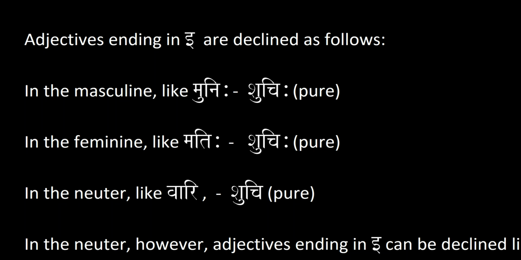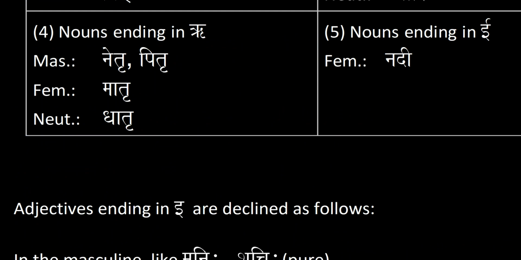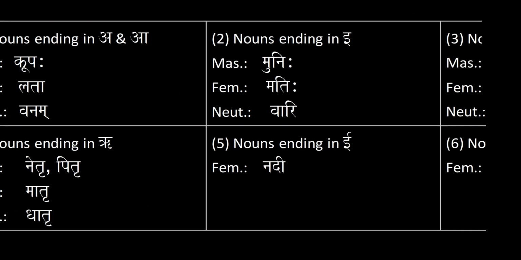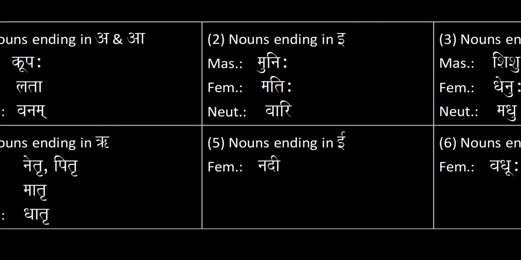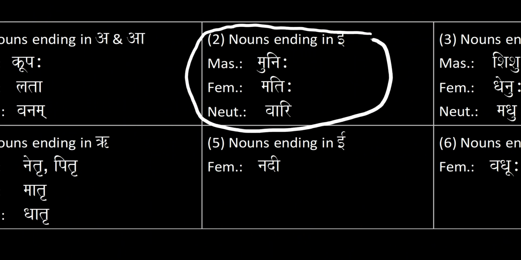Suchi is an adjective that ends in short e, and it means pure. Since it's an adjective that ends in e, we have to consider the nouns that end in e, because these are the types of declensions we will use if it's masculine, feminine, or neuter.